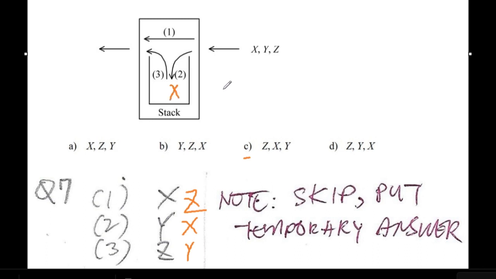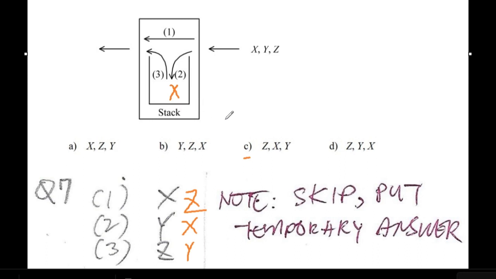I'm not really sure if that's the correct explanation, but that seems to be the only choice here where the X would be stuck inside the stack. So I think that's maybe an explanation.